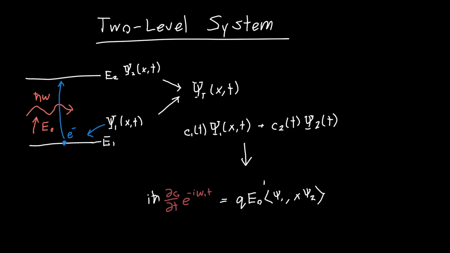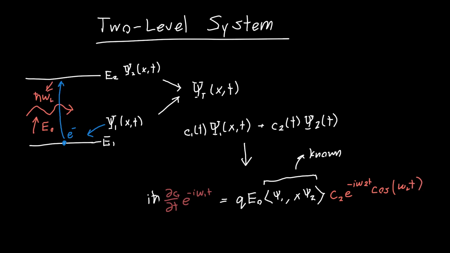And this presumably is just a known value. So this is something that other physicists figure out for us. And then we need to multiply that by C2, which is a function of time, e to the minus i omega 2 t, cosine of omega L, which is the frequency of the light, times t.